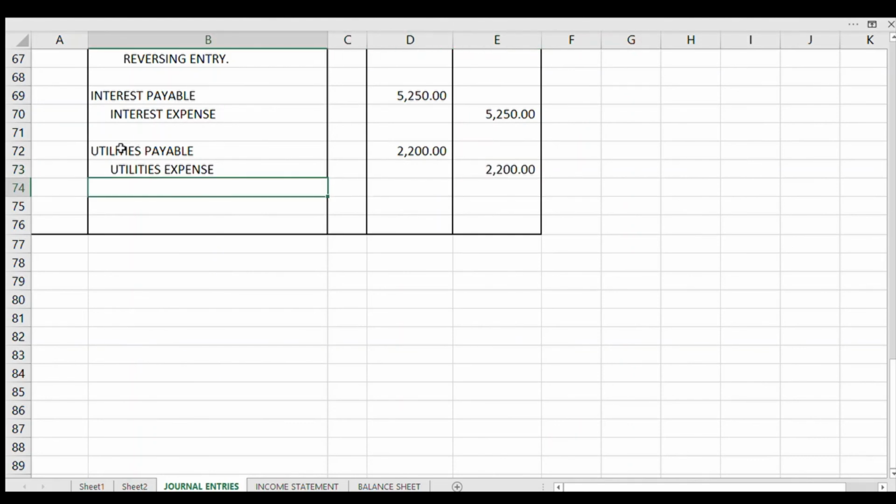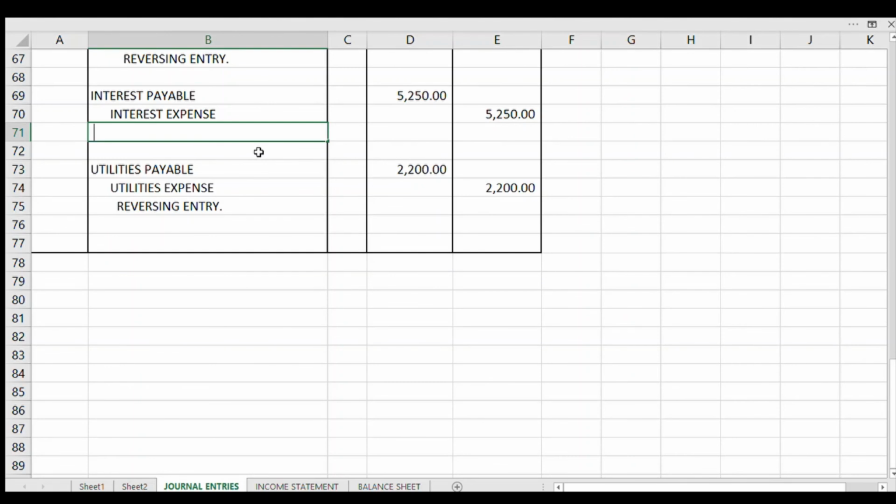And we will label it another reversing entry. Also with this one, you just insert the row here. Alright, and we label it reversing entry.